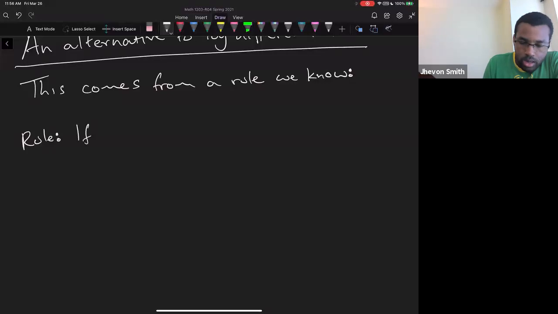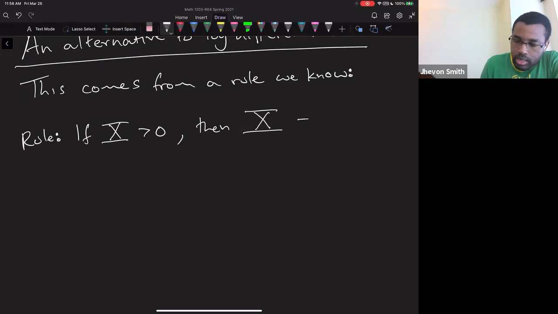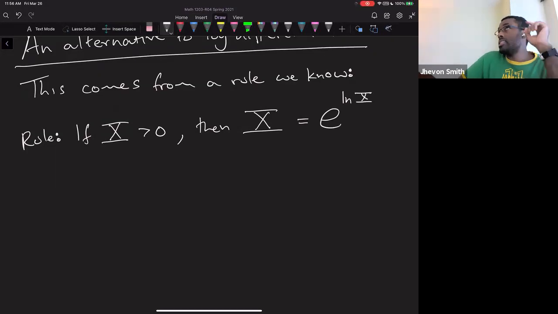If we have something, and this thing is greater than 0, then that thing is equal to e to the ln of that thing. Remember, we had that rule that says a to the log to the base a of x is just x. Equivalently, you can know that e to the ln of something is just the thing, once it's valid to put that thing in a log.